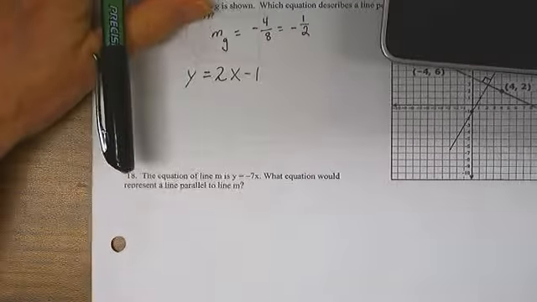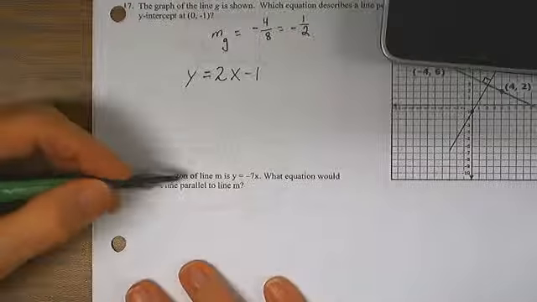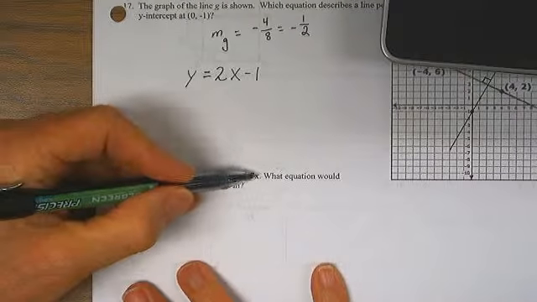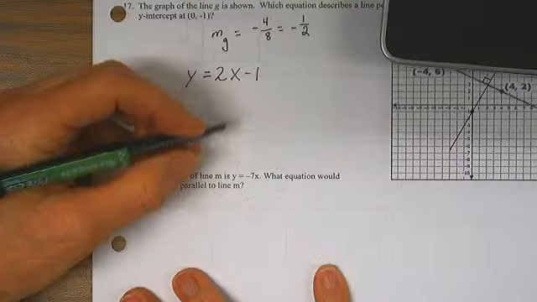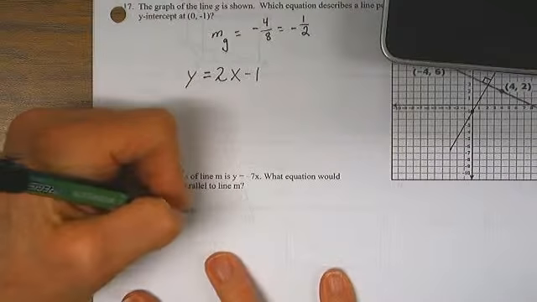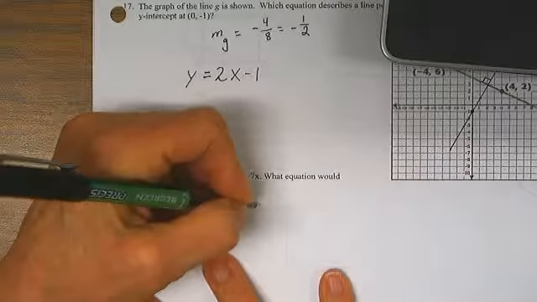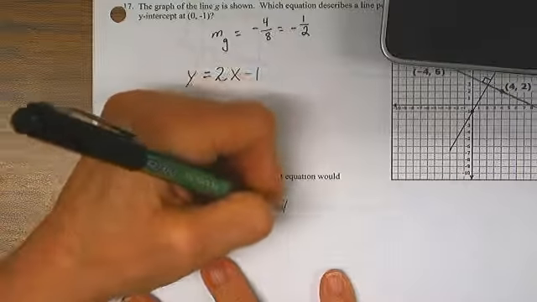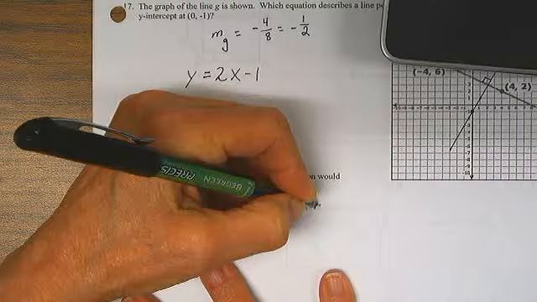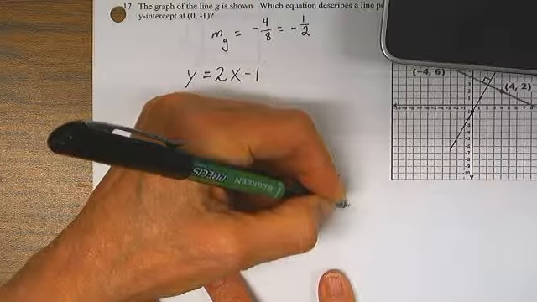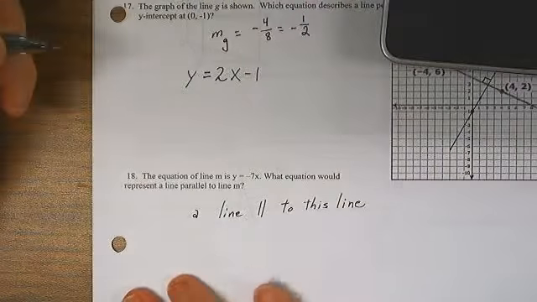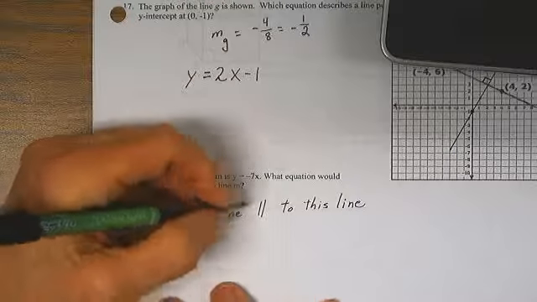And finally, question 18, the equation of line M is y equals -7x. A line parallel to this line would need to have the same slope.